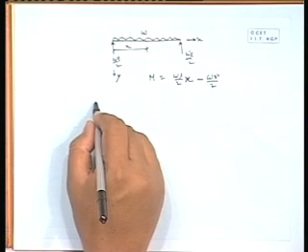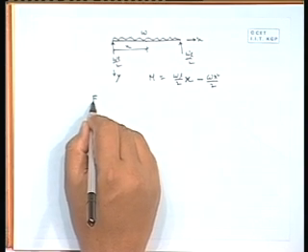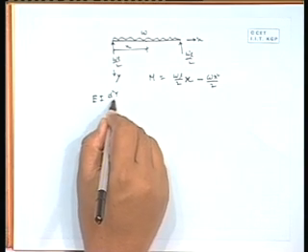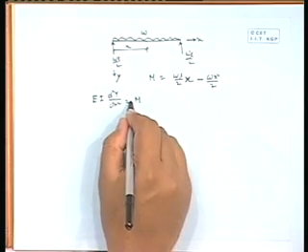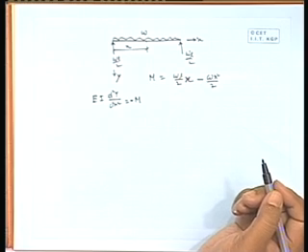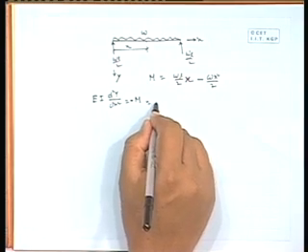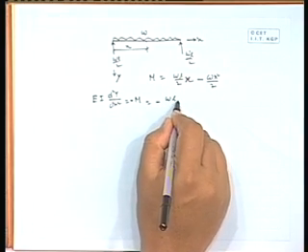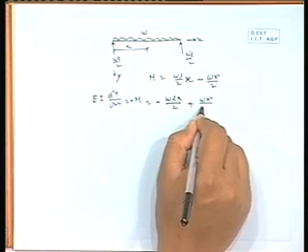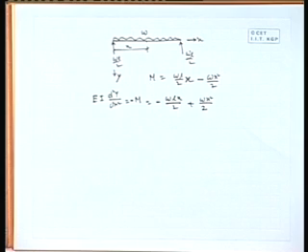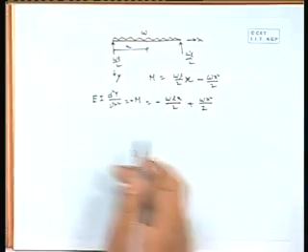The next step is our moment curvature relationship. So, E I d2y by dx square will be the minus moment, because sagging is positive. So, it will be minus omega L x by 2 plus omega x square divided by 2. Once that relation is available, we have to integrate twice.